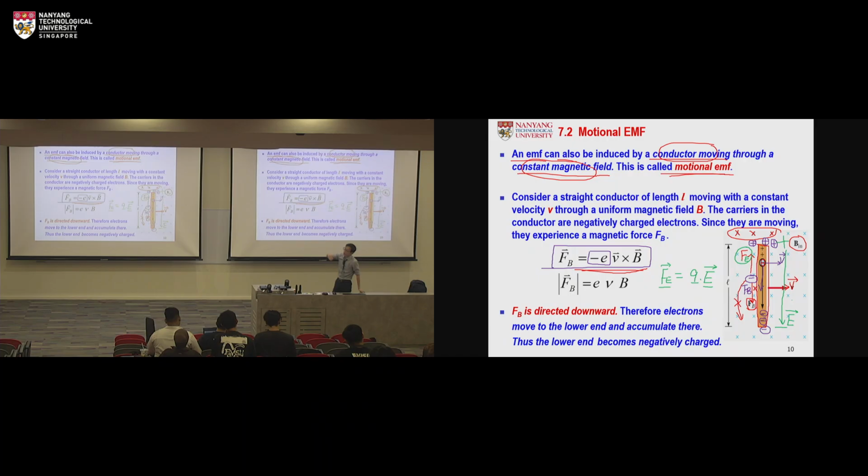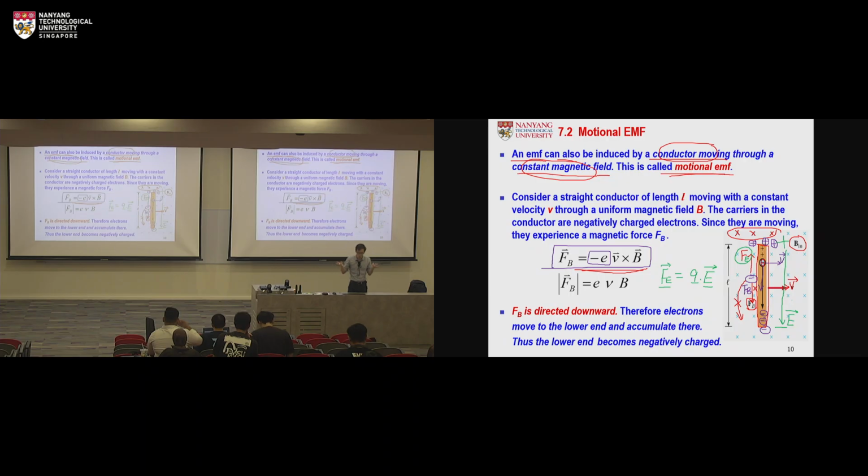And at a certain point, once this FE equals FB, then all those electrons inside the conductor reach a so-called saturation or equilibrium state, right? And once that happens, you will have no more charge accumulation at these two ends.